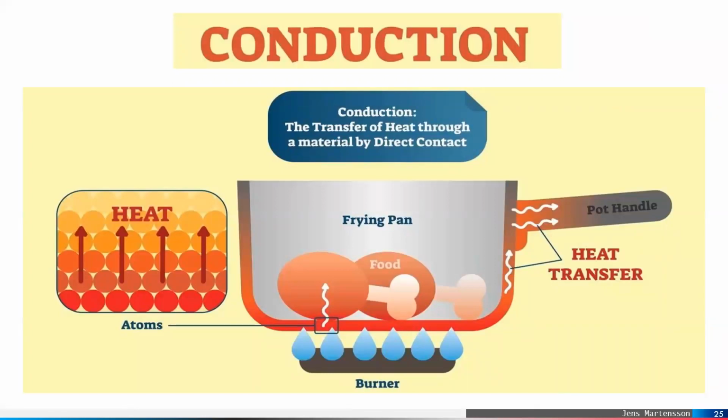If we don't have any direct contact between a pan, for example, and a table or oven, or between a fire or a Bunsen burner, the pan will not get hotter. That's because there is no direct contact between the particles. How does conduction occur?